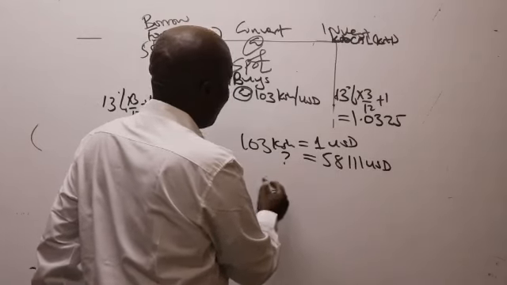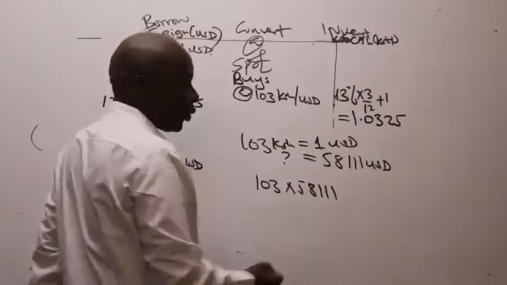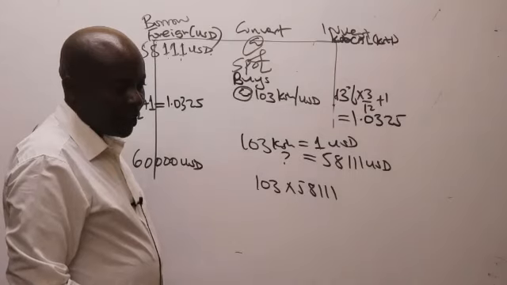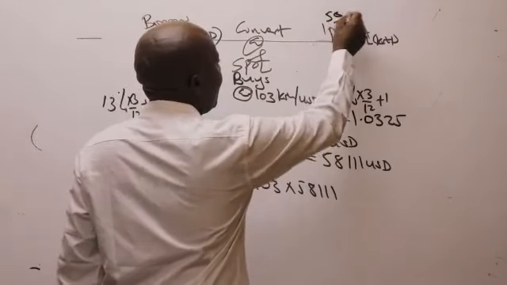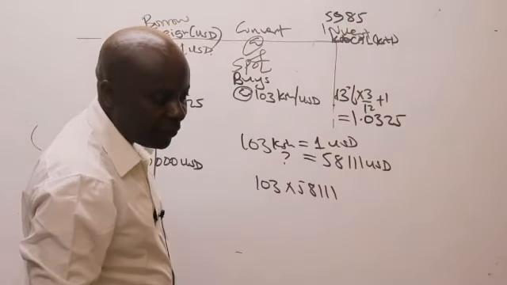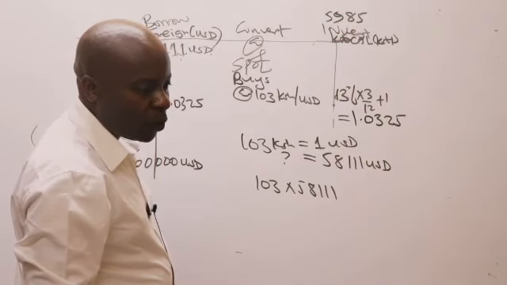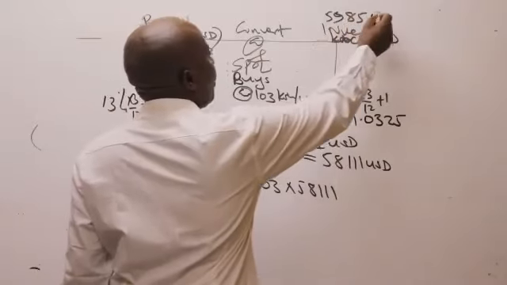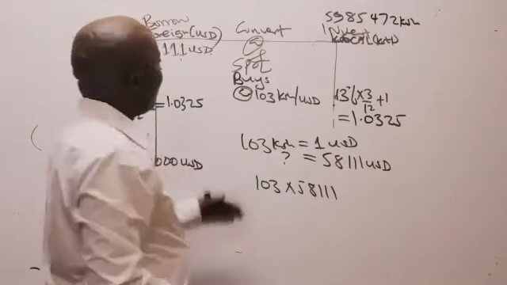Is there somebody who can do this cross multiplication for me? 5,985,472. So please ensure that you are a rich man.